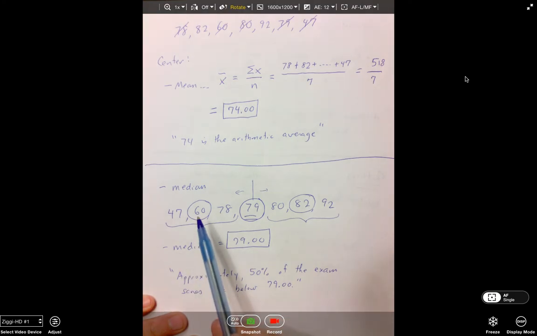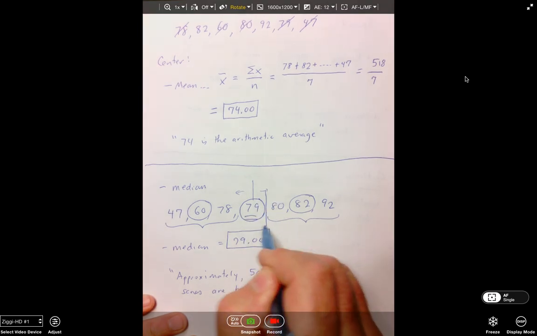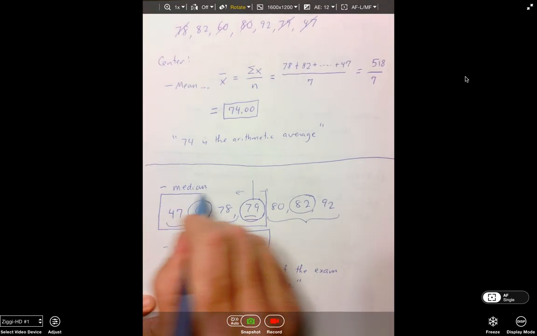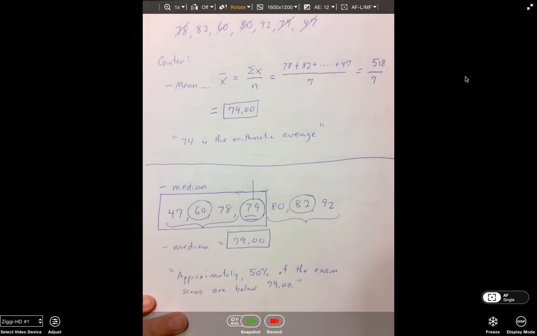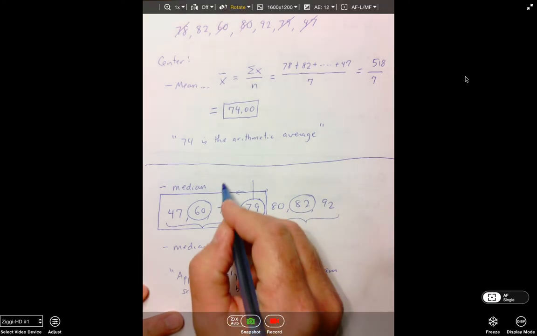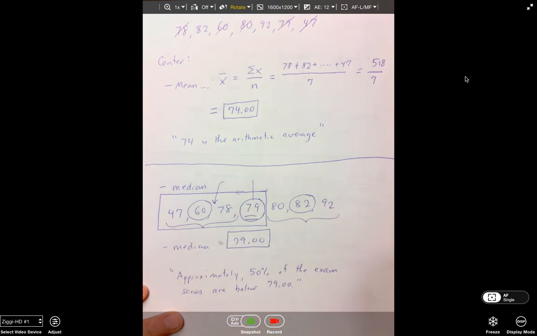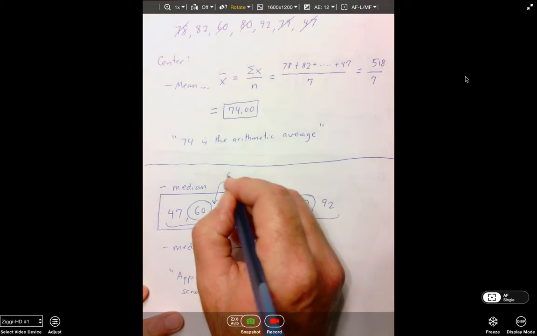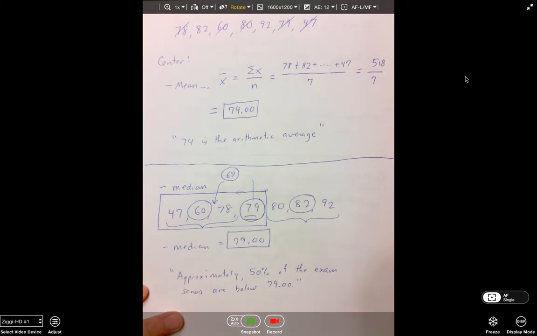Your graphing calculator will look at the scores below the median and take the median of those scores. R will take the scores below the median but include the median. So you can see that we need to find the center between 60 and 78. Well, if you add those two together and divide by 2, you get 69.